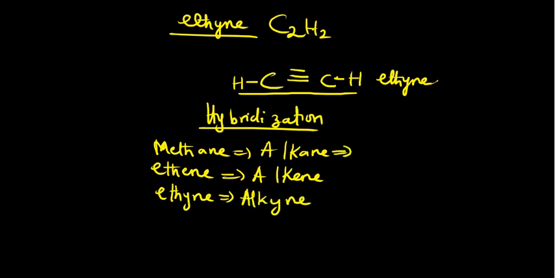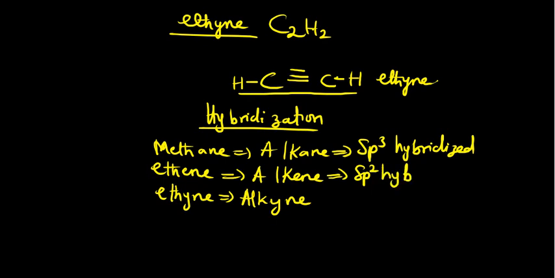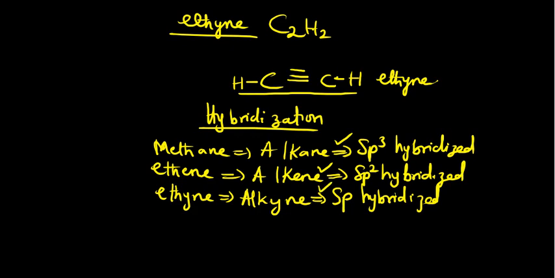So alkane, it is what? sp3 hybridized. Just know that because we are just introducing. Alkene is sp2 hybridized. Alkyne is sp hybridized. So if they ask you what's the hybridization of alkane, it is sp3. What is the hybridization of alkene? It is sp2. What is the hybridization of alkyne? It is sp.